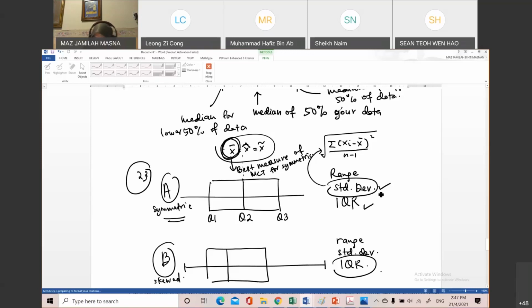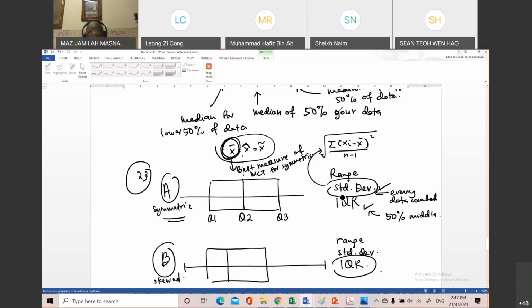If you are looking at the whole data set, every data is counted here. But when we say IQR, we are talking about the middle 50% included. So I guess for this particular symmetric case, standard deviation is the best.